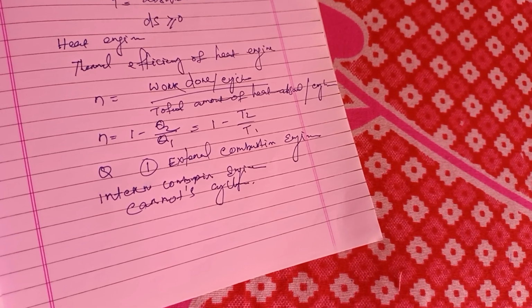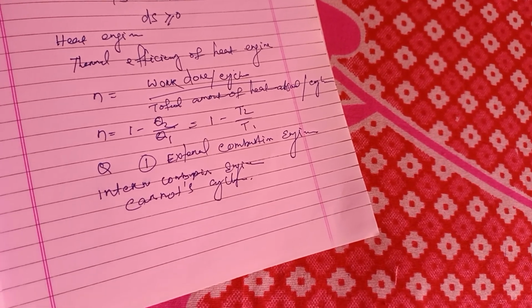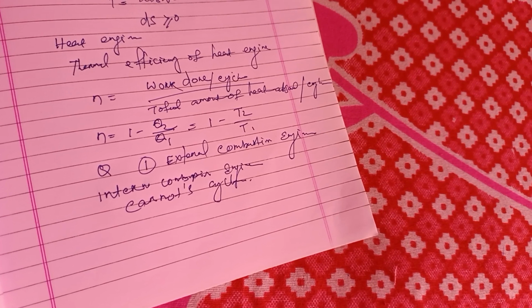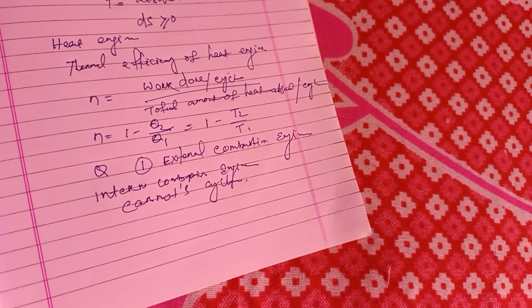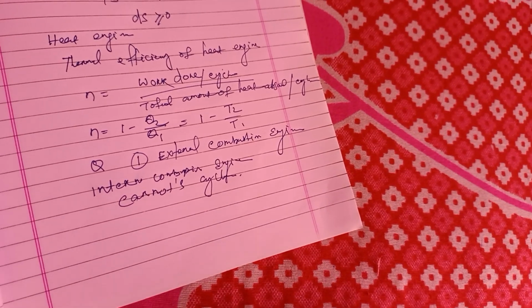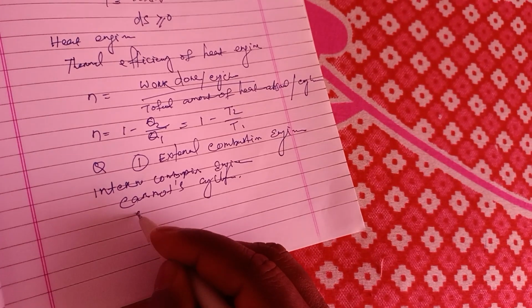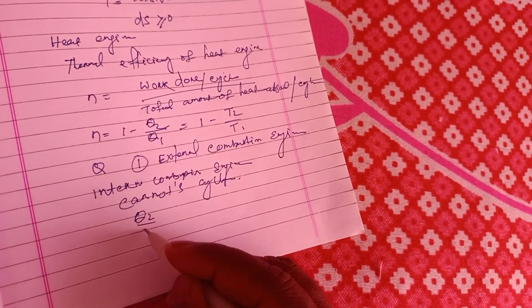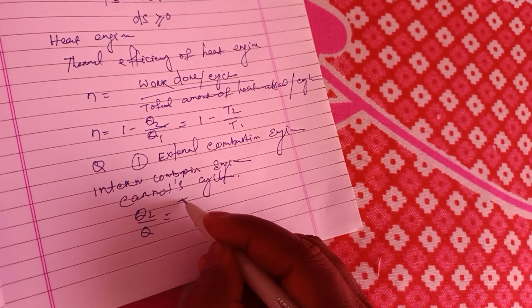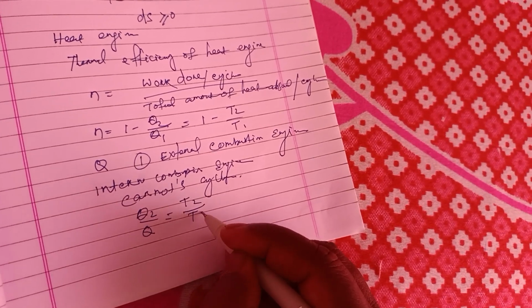The net work per cycle of the engine, Q2/Q1 = T2/T1.